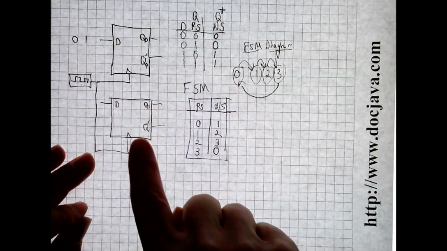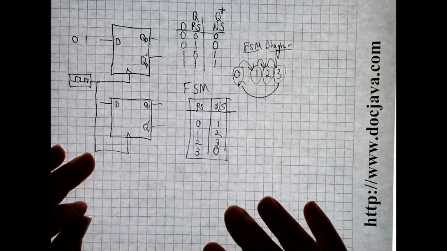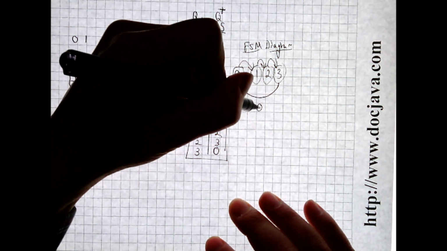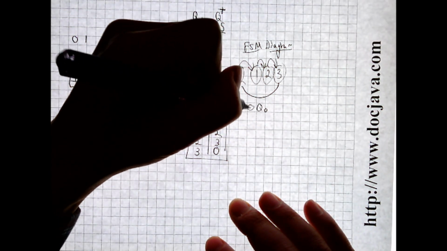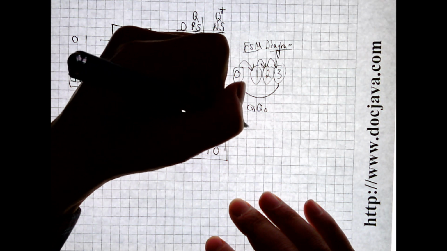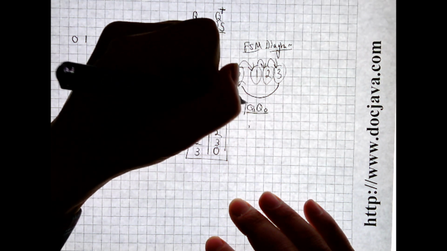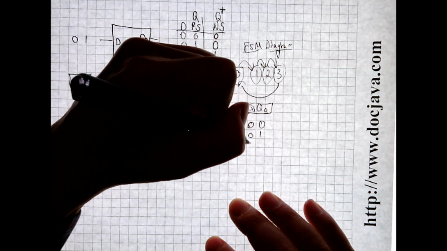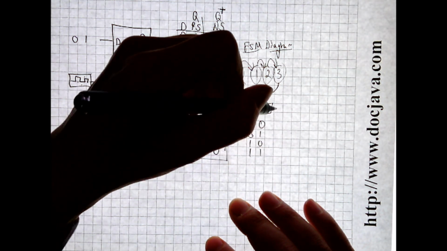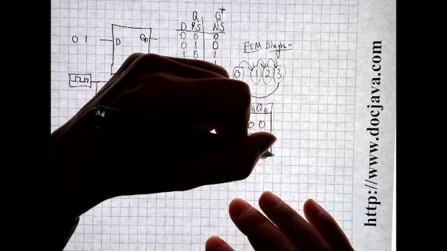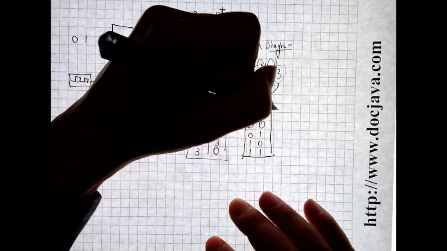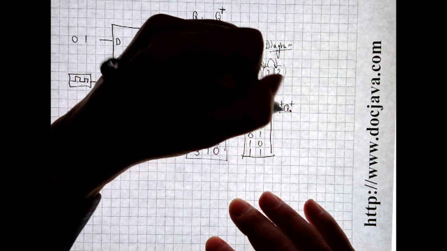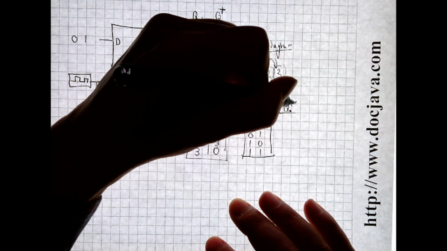Simple, easy. Now the question is, how do we encode the present state and the next state? Well, we need 2 bits in order to count to 3. So what we do is we write Q0 and Q1, and we can do this by counting. And now we can write out Q1 plus, Q0 plus, and this will be our next state.